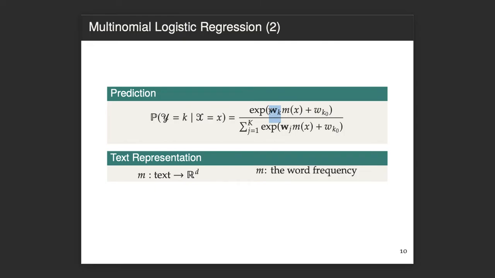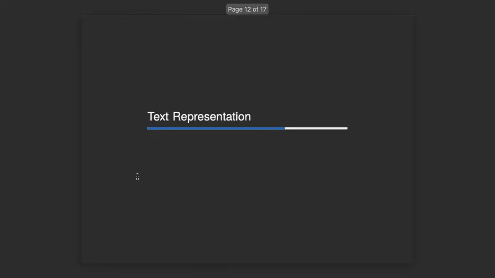The other difference is that in the case of the Bayes theorem, m is the frequency and it is fixed, but in multinomial logistic regression and the logistic regression general case, m is just a function with this signature. So we can use the fact that m is just a function, and then we can start talking about the different ways that we can represent m.